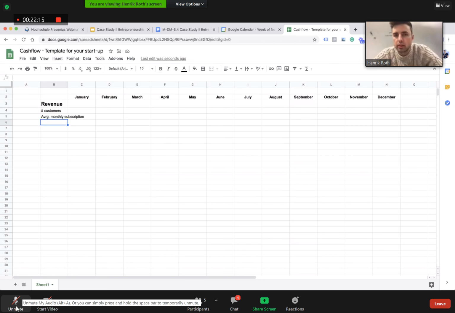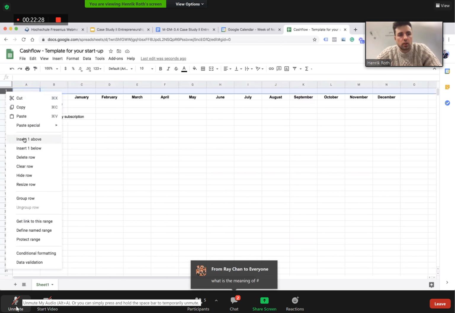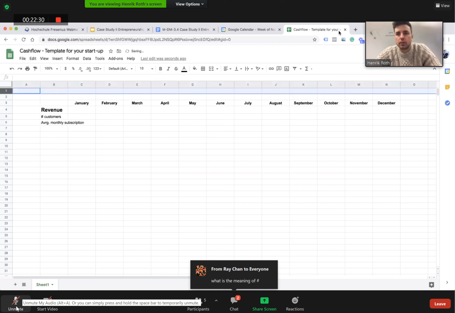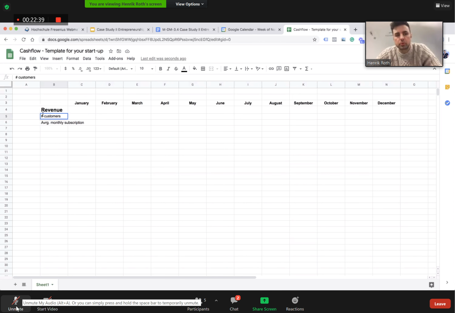Imagine there are 3 plans. One is a light plan, one is the premium plan, and the third is the enterprise plan. The meaning of the hashtag is the number of customers. I can also write it like this: amount of customers, 1, 2, or 3, or however many customers you have.